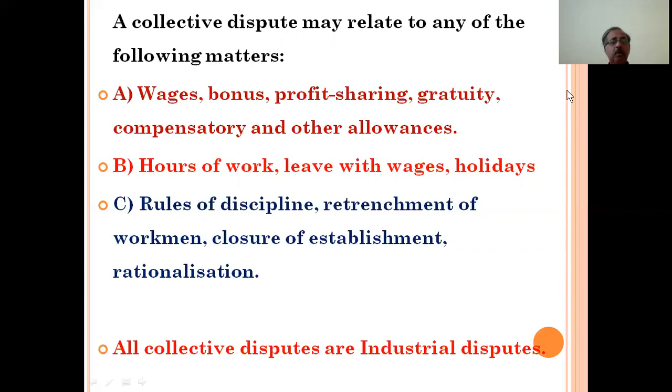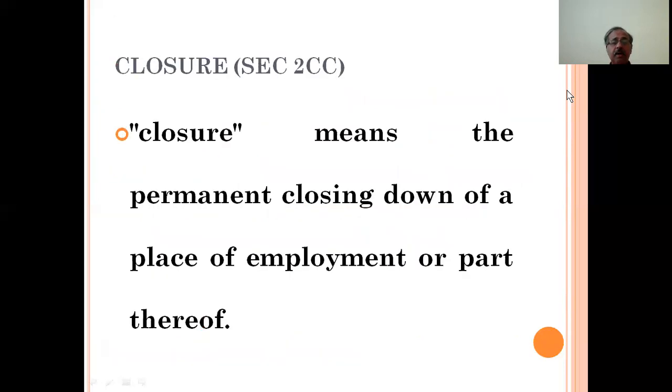So any dispute which is related to wages and wage-related issues, or related to services or retrenchment of services, will come under the collective dispute. All collective disputes are industrial disputes.